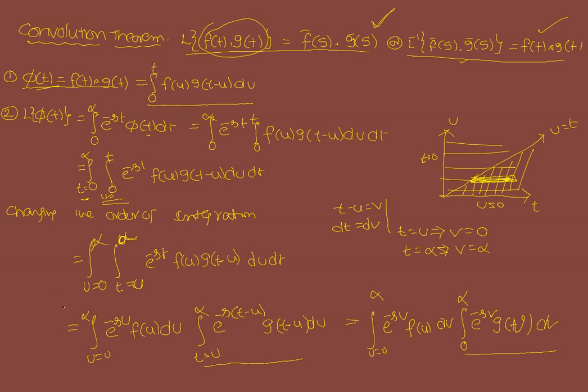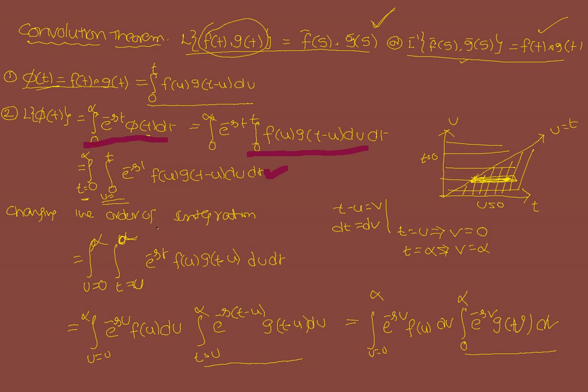Next, Laplace of phi of t. I have applied Laplace to this one. So this is the standard definition. Therefore, in place of phi of t, I have written this much. So both integrals I have written here.